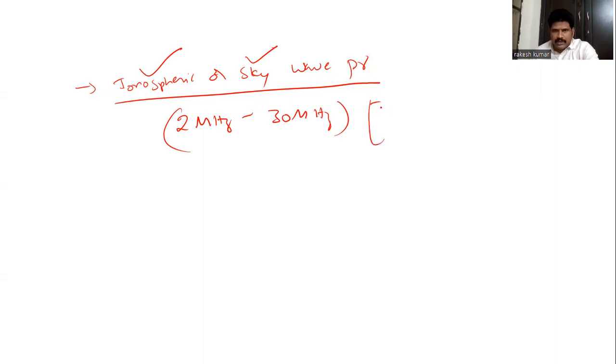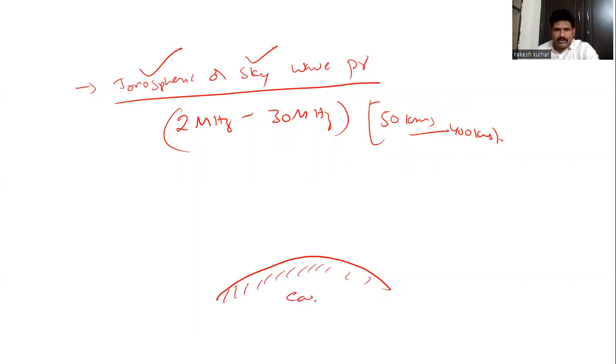So how much height above the Earth surface does it take? It takes from 50 kilometers to 400 kilometers. Coming to the diagram, this is my Earth surface, and this region is my ionosphere.